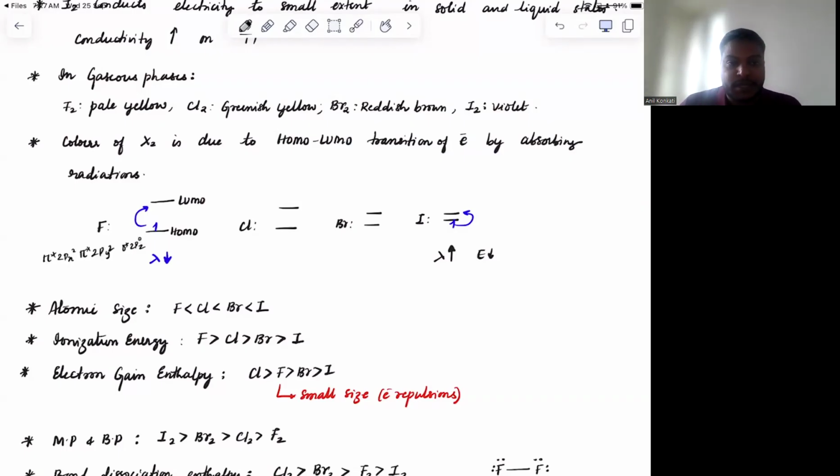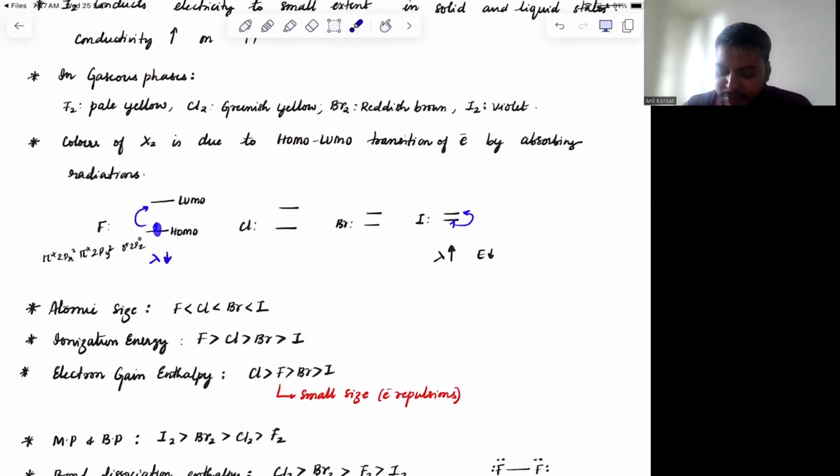Okay. And usually the gap between these two energies is more for fluorine. And the gap keeps decreasing. You can see this is the energy gap. The energy gap keeps decreasing as you would notice towards iodine. So you'll notice that the energy required here is less.